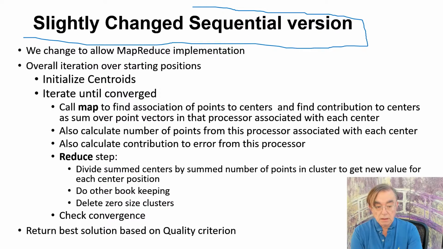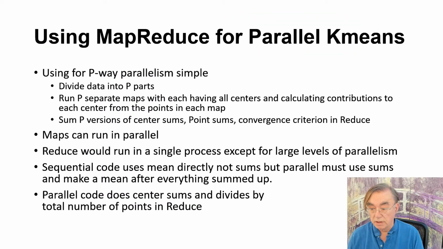And then in the reduce step, you just sum up, calculate the sum over centers, calculate the sum over points, and calculate the sum over errors. And then you do various bookkeeping, such as deleting zero-size clusters. You check convergence and return the best solution based on the quality criteria. So this minor change in the sequential version allows this simple MapReduce version of parallel K-means.